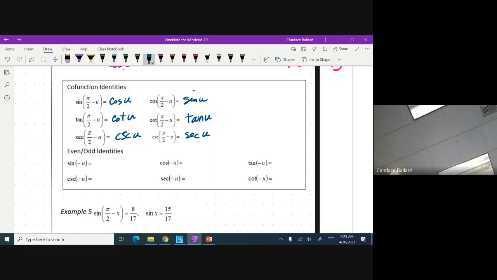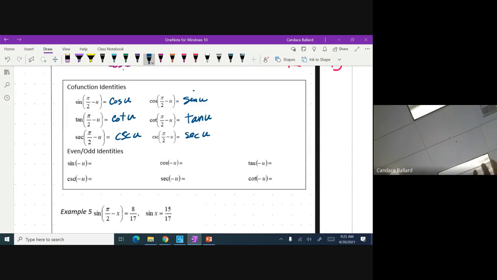There are also something called even and odd identities. We actually have functions that are even and odd as well. The way we tell if a function is even or odd is if we plug in a negative x, or in this case a negative u, and we get the positive of the original function, we know it's even. If we get the negative of the original function, we know it's odd.